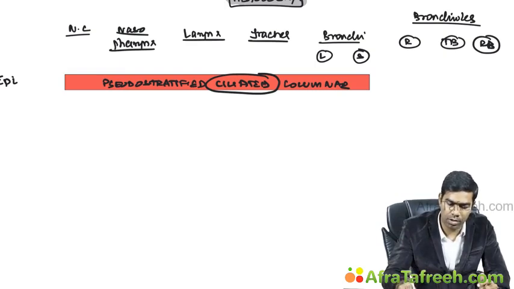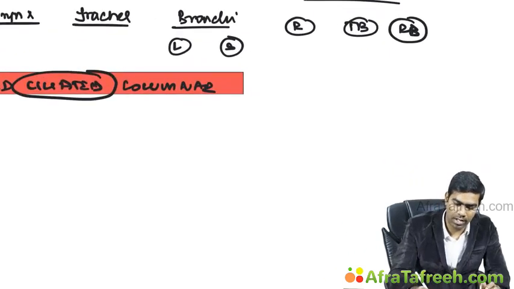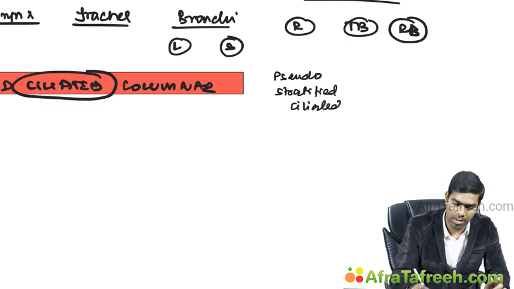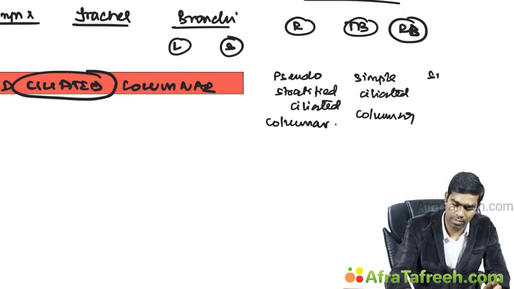And in the bronchioles, typically in the regular bronchioles, you're going to have again a pseudo-stratified ciliated columnar epithelium. In the terminal bronchioles, you have simple ciliated columnar epithelium, and in respiratory bronchioles you are going to have simple ciliated cuboidal epithelium.